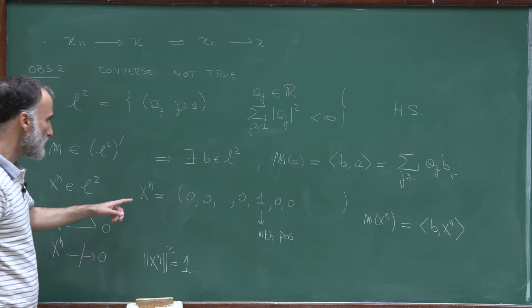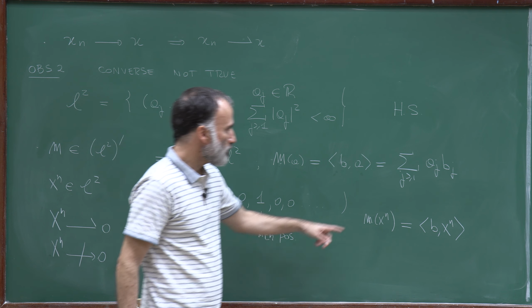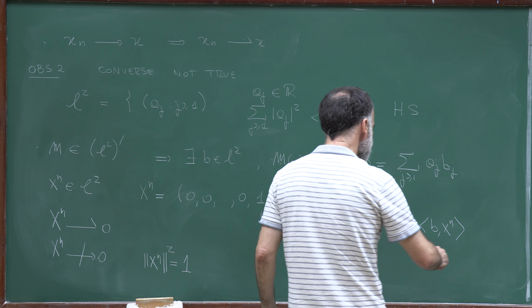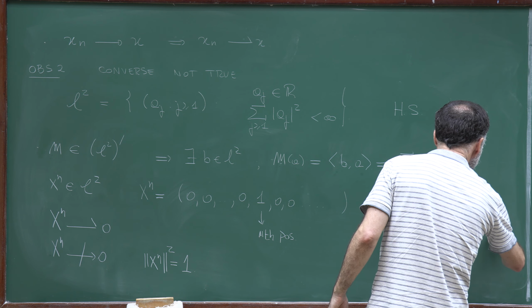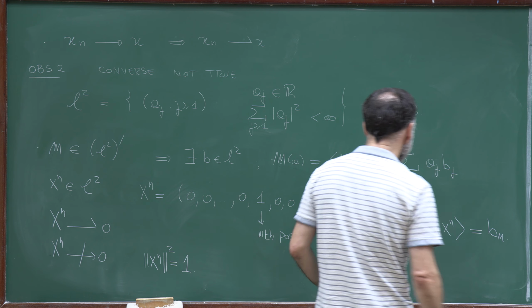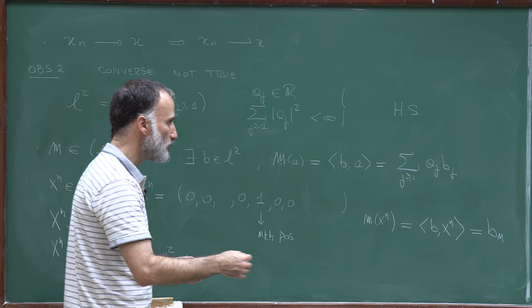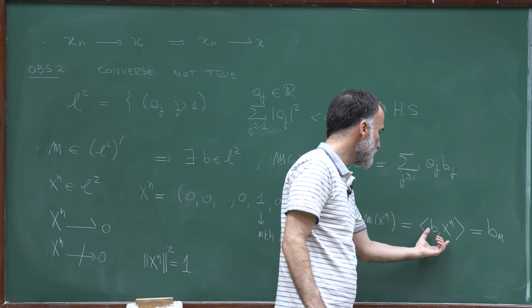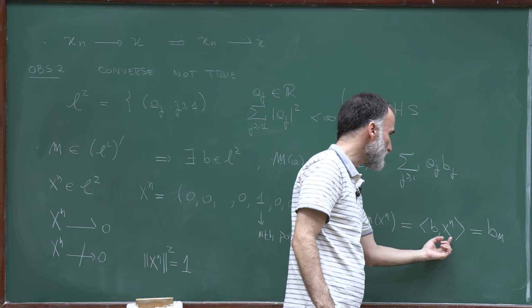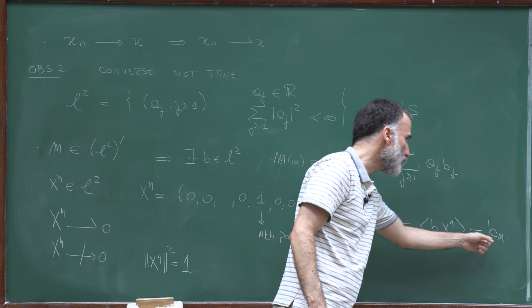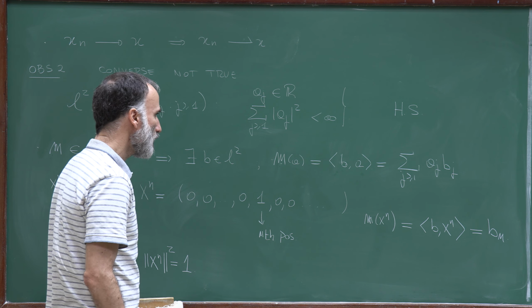By definition of xn and of the scalar product, this is equal to Bn. So B is a sequence, B1, B2, etc., and the scalar product of B and xn just gives you the nth coordinate of B.